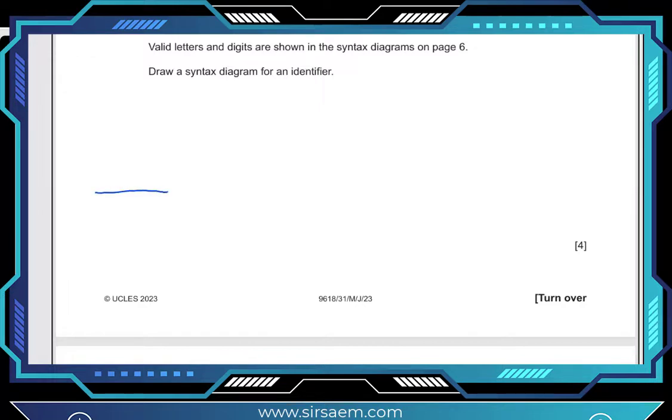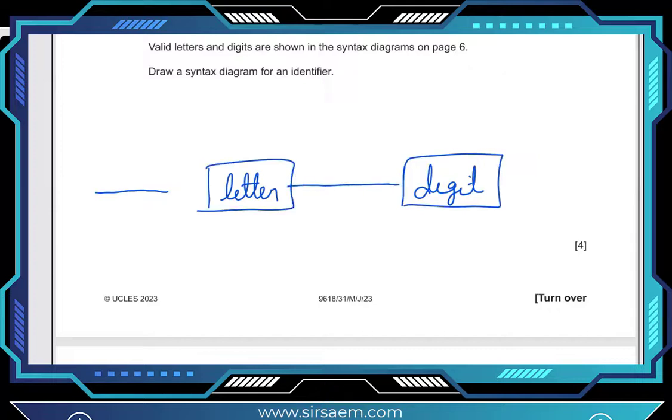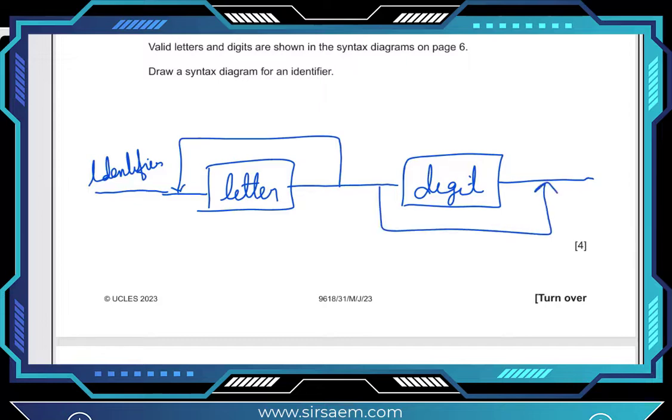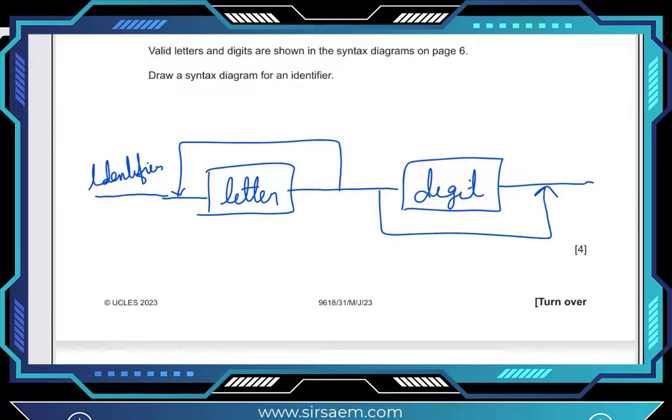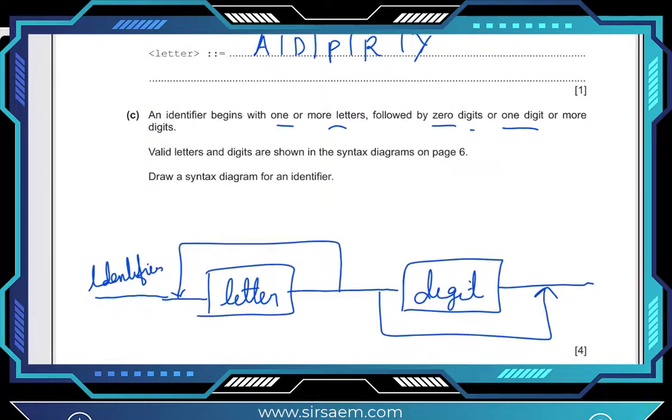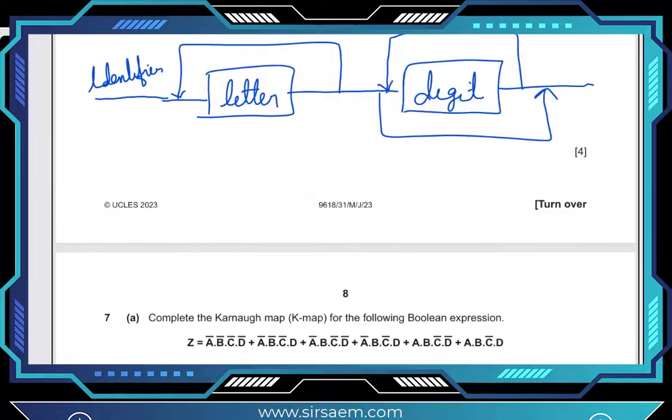We are going to have a letter, a digit, and that's your identifier. Obviously, a letter in this case could be repeated, and your digit could be repeated. But the important thing is that letters are followed by zero digits or one digit or more digits. So you can also have multiple digits as well, right?